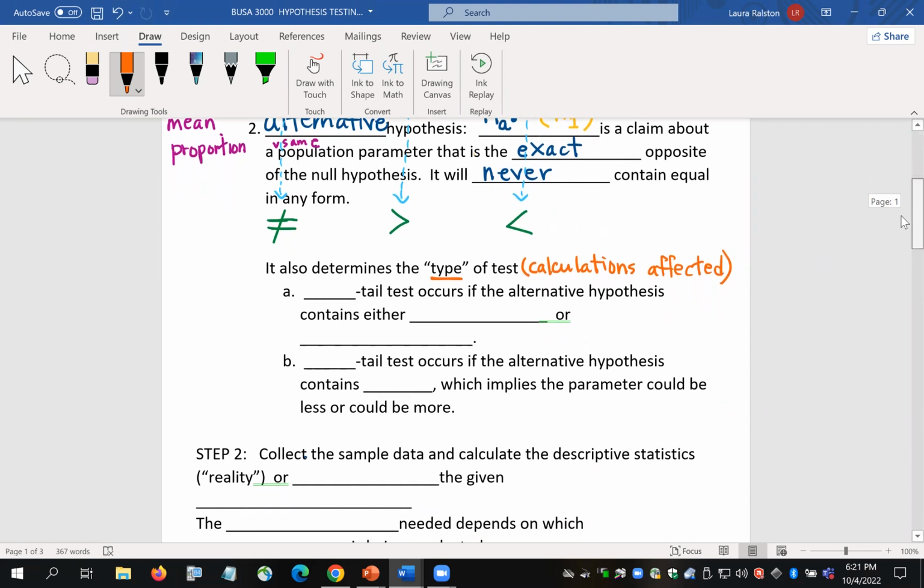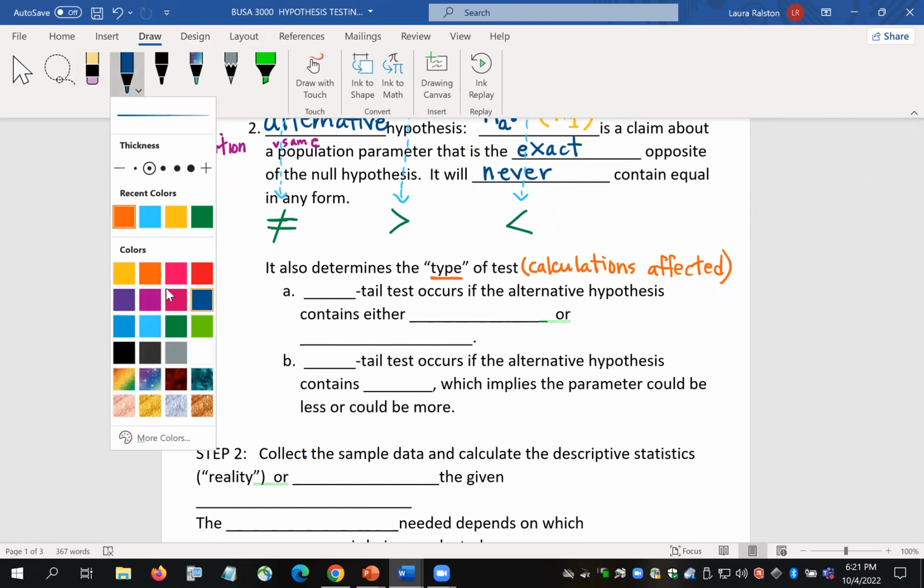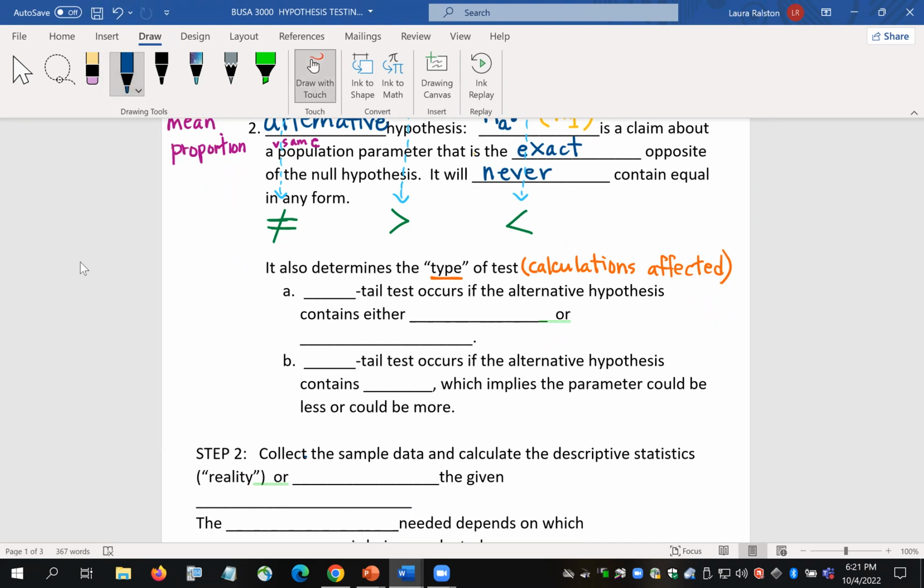Now, Minitab is going to do the calculations for us, but again, you have to be able to select the right options when you're using Minitab. So we have what's called a one-tail test. A one-tail test occurs if the alternative hypothesis contains either less than or greater than.